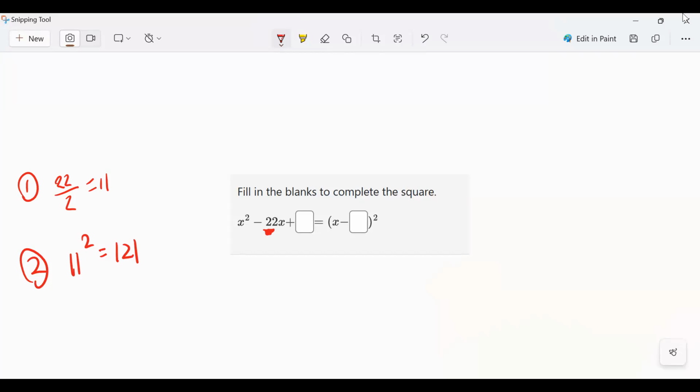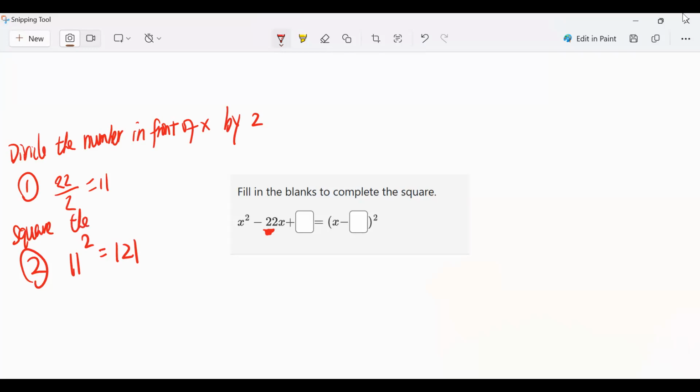Step 1, divide the number in front of x by 2. Second step, square the result from step 1. That's basically how you would complete a square.